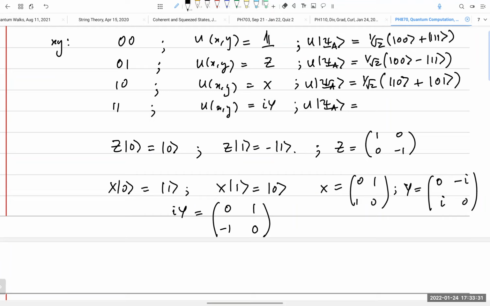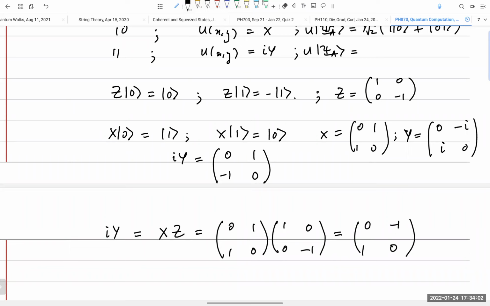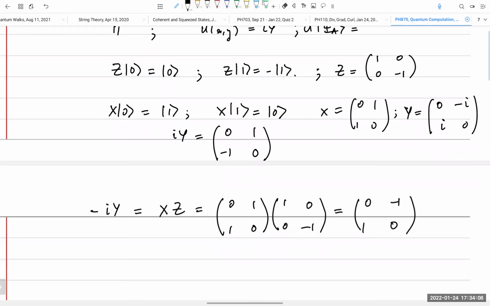And this operation iY can be written as a product of X and Z. Z is [1, 0; 0, -1]. If you multiply these out, you get [0, -1; 1, 0]. So there's a minus sign over here. I believe that if you take ZX, you will get iY.